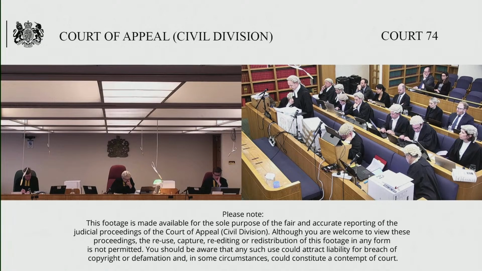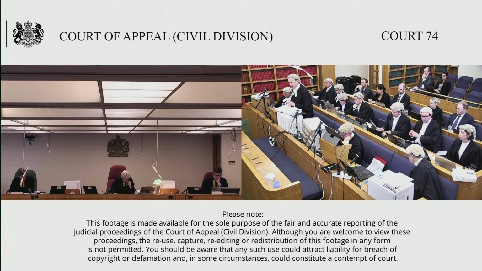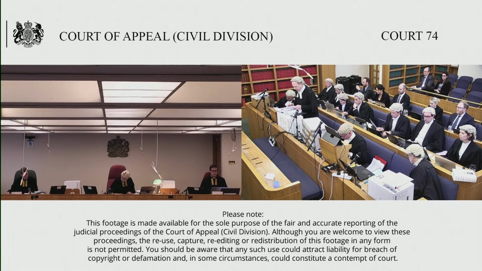A respondent who seeks to contend that the order of the court below should be upheld for reasons other than those given by that court must file a respondent's notice. So that's essentially the framework which you get from the rules and the practice direction.